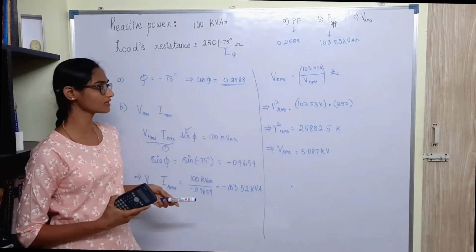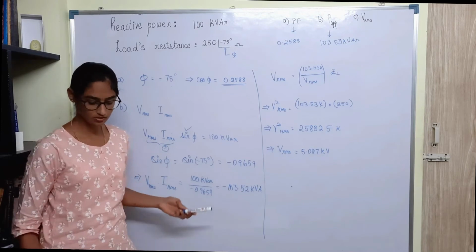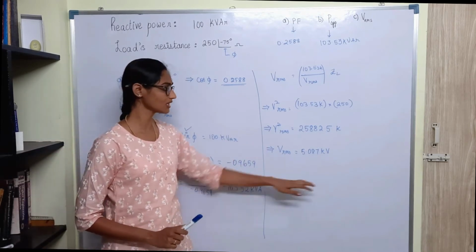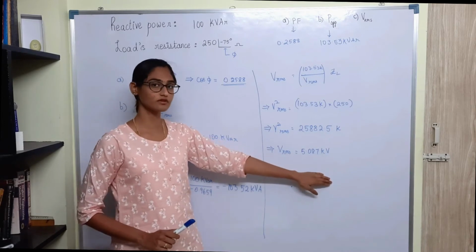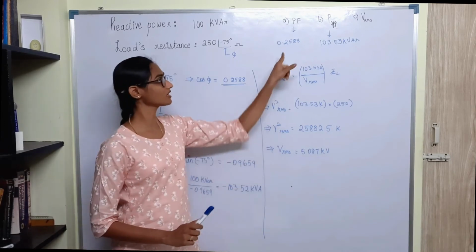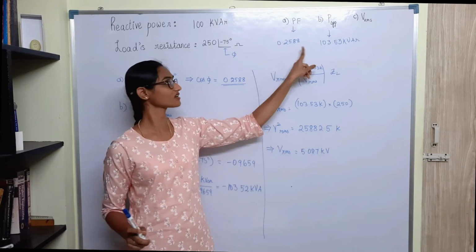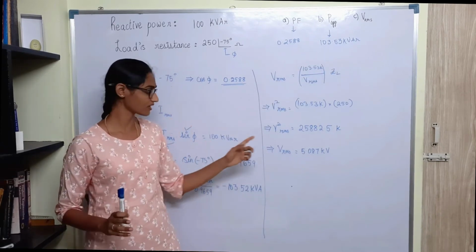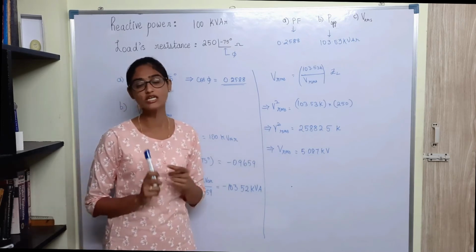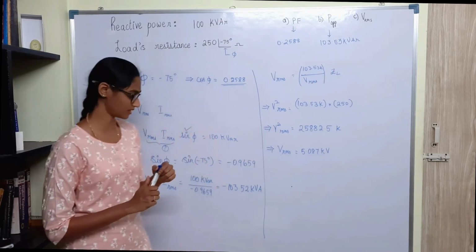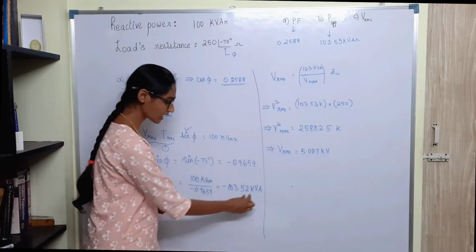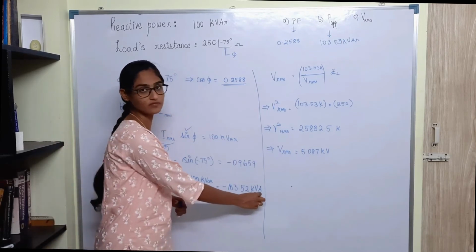There is a common mistake which everyone will make at this step. The problem is very easy and I have told you the basic concepts also, but still today I chose to do this problem because of a common mistake which everyone will make at this stage. We can find the power factor easily, and the apparent power and active power, everything easily. But in finding the RMS voltage, there is a common mistake. After finding the apparent power, kVA will be the unit of it.